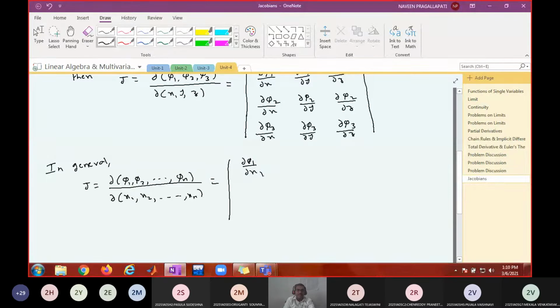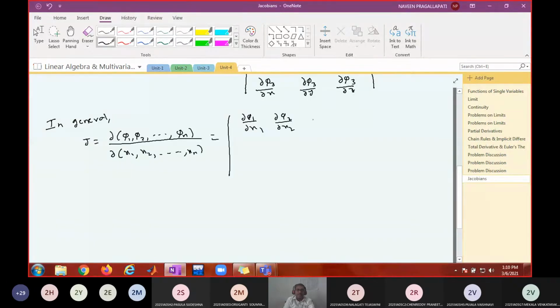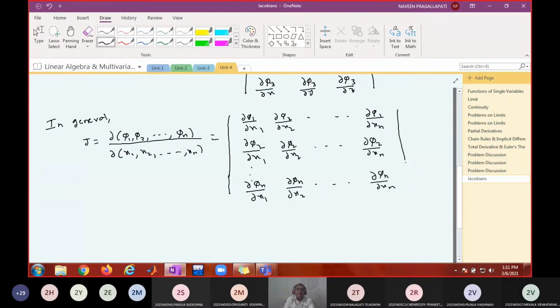The first row is dou phi 1 by dou x1, dou phi 1 by dou x2, and so on, dou phi 1 by dou xn. The second row is dou phi 2 by dou x1, dou phi 2 by dou x2, and so on, dou phi 2 by dou xn. And the last row is dou phi n by dou x1, dou phi n by dou x2, and so on, dou phi n by dou xn.